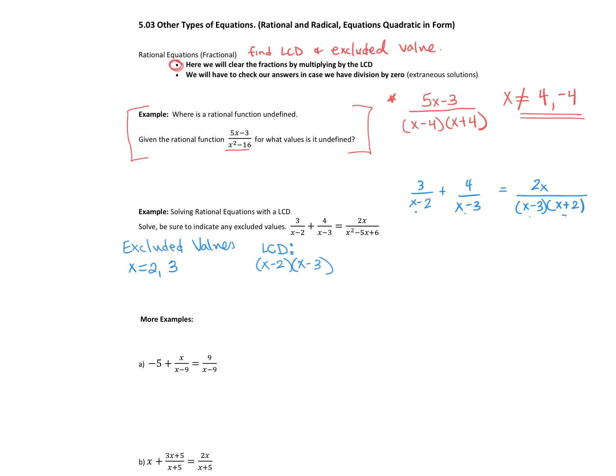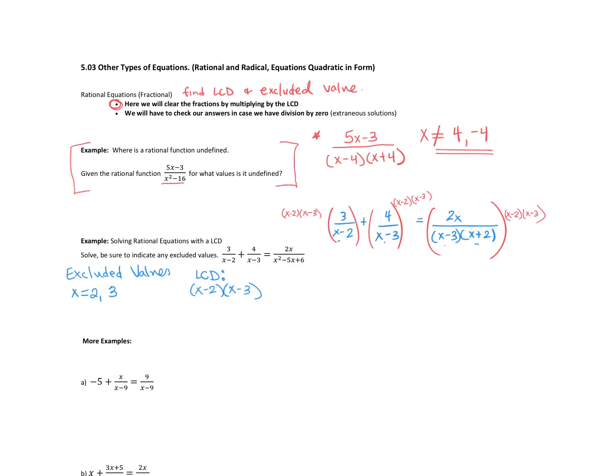Once we have our least common denominator, we're going to multiply this entire equation by our least common denominator. So I'm going to write that in here. What you should notice is that when we multiply by our least common denominator, here the x minus 2's cancel, and we're left with 3 times x minus 3.